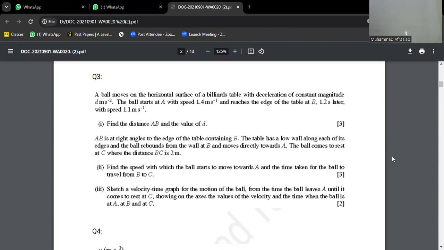Then we will proceed to the second part of that. Let's say this is question number 3, where the ball is going to travel from A to B position.